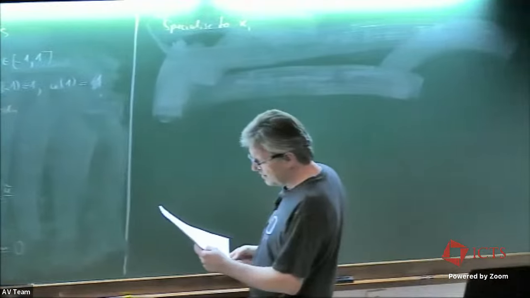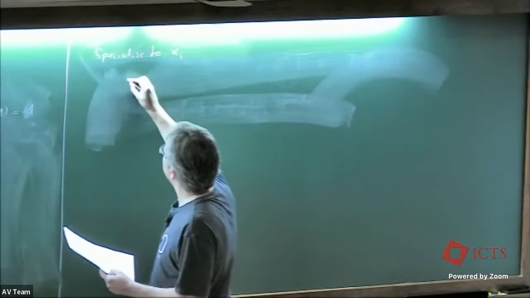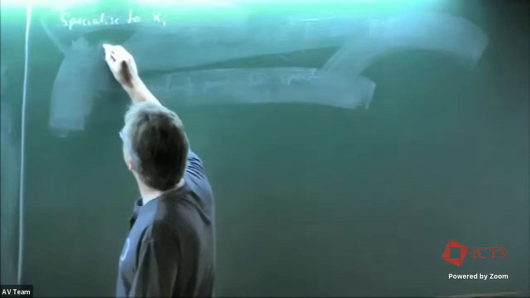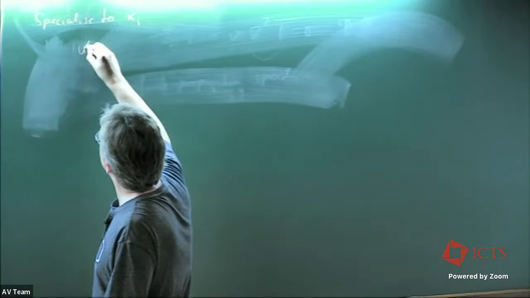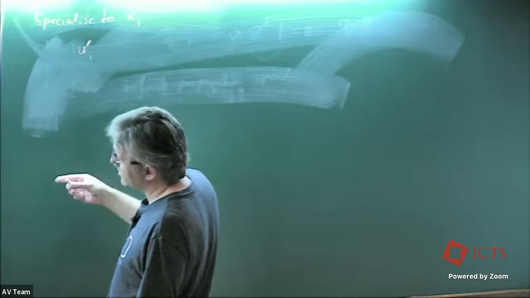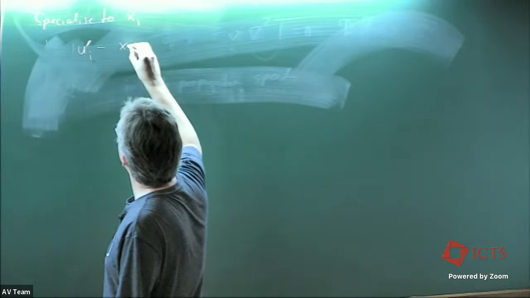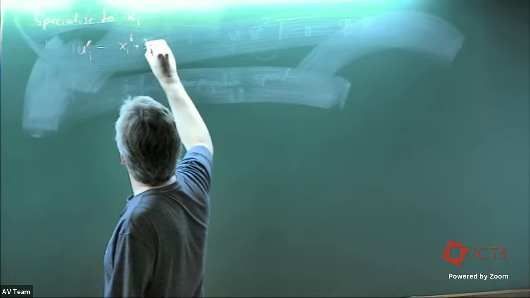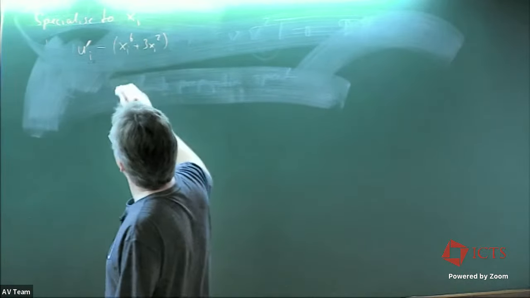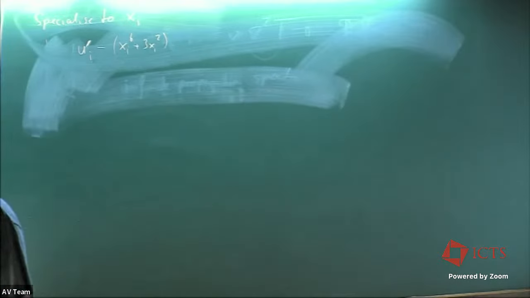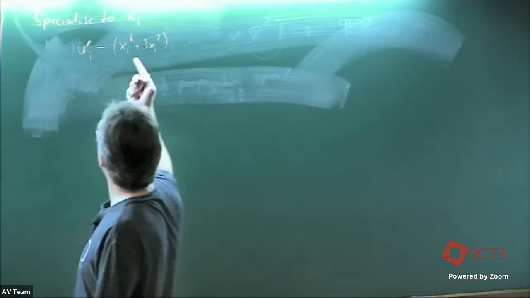And so what we are finding is we have from over here, the second derivative, u double prime i at the grid point. Then we have this next thing, xi to the 6 plus 3xi squared. So this is just a function of x. So we substitute xi instead of x, so that's that.